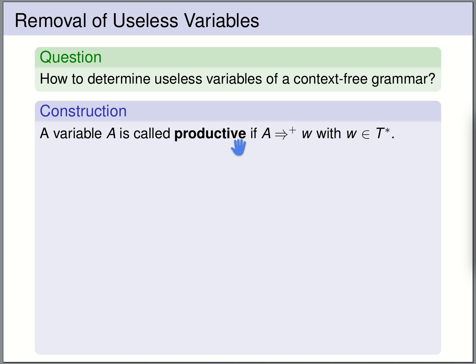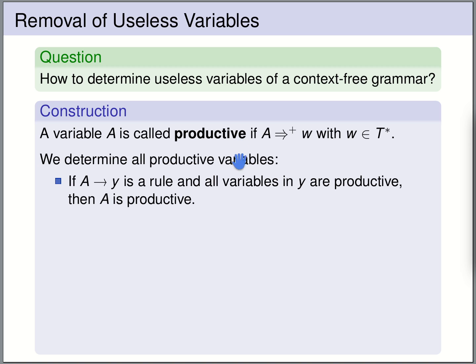How do we determine the productive variables? We look at all the production rules of our grammar, and if we have a production rule in which all variables in the right-hand side are known to be productive, then also the left-hand side is productive.